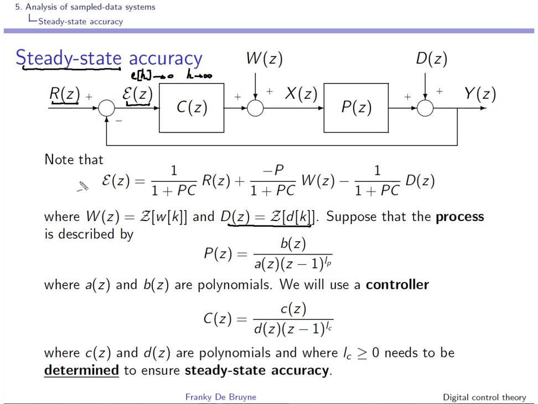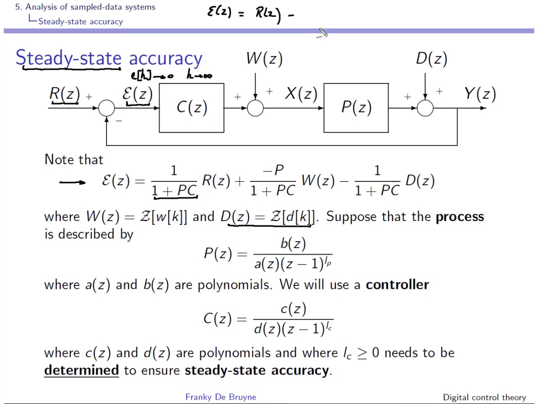Well, normally you should be able to do this, but let's, for instance, compute this transfer function here, and I'll leave you the two other transfer functions as an exercise. So epsilon Z is really RZ, right? So looking over here, minus, okay, since we are looking at the influence of RZ, we forget about these ones, right?